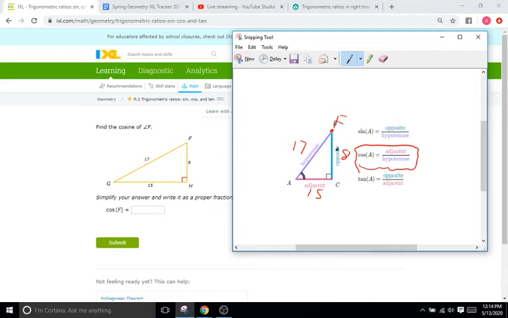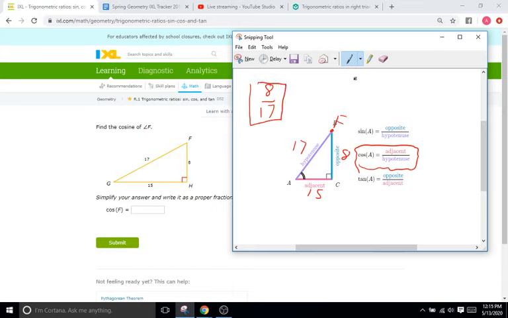It's the side that is touching the point. It's next to the point. Remember, adjacent always means next to. So that is going to be 8. And then over our hypotenuse, right? Adjacent over hypotenuse. The hypotenuse of the entire triangle is 17. And that's all. It's just 8 over 17.